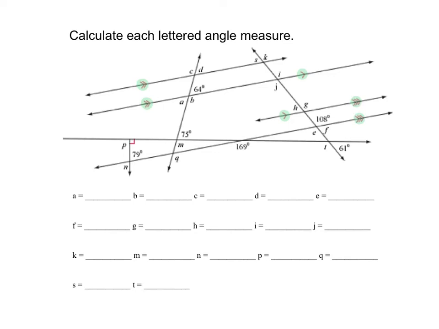That tells me all four of those lines, I'm going to put a marking on the edge of them, all four of these lines are parallel. Okay, now specifically, I have a transversal cutting through here. There's one transversal. And I have a second transversal over here.